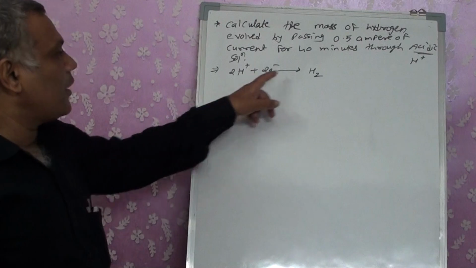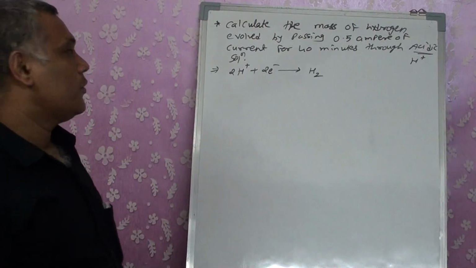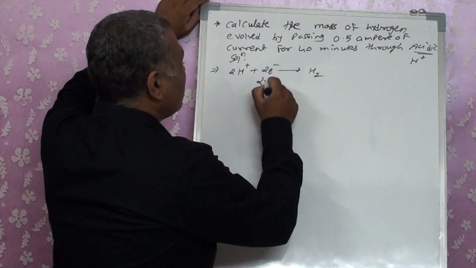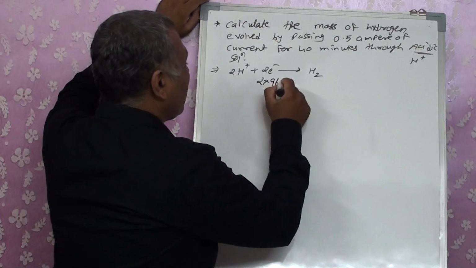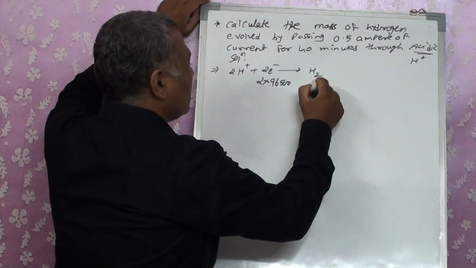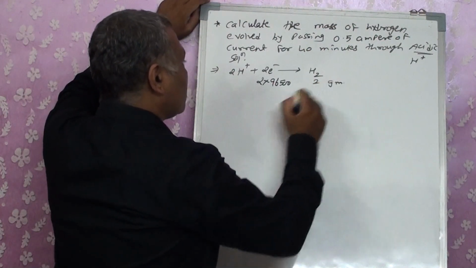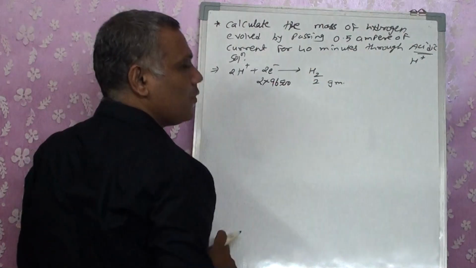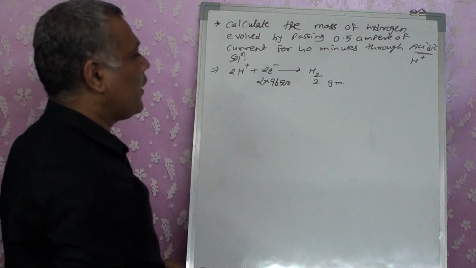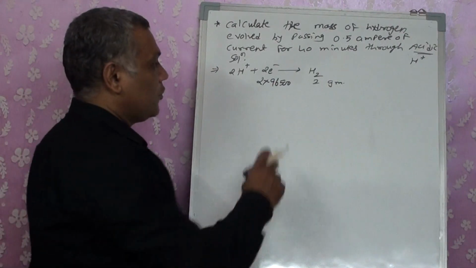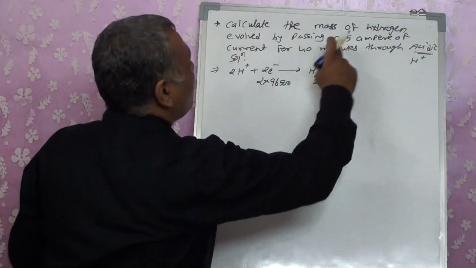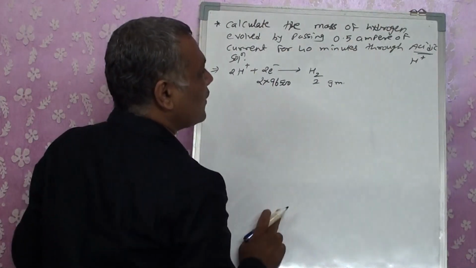This is the reaction which will help me to calculate it. It shows me that 2 into 96500 produces hydrogen of mass 2 grams. For 1 mole, the hydrogen atomic mass is 1, so for 1 mole we get 2 grams. So 2 into 96500 produces 2 grams. But how much current do I have, or what is the mass that I have to produce?